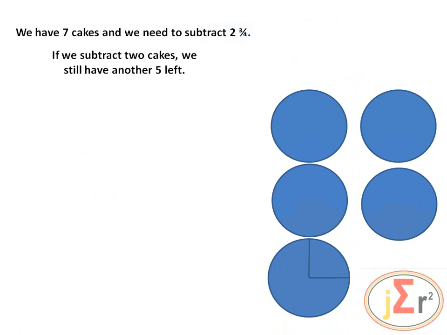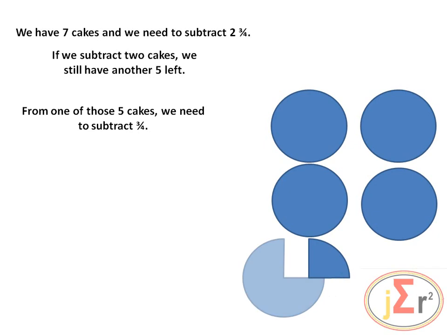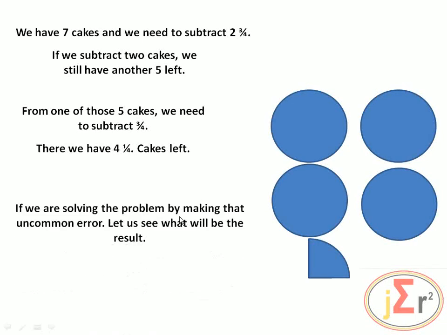From one of those 5 cakes, we need to subtract 3/4. Can we do that? Yes. What do we have left? 1, 2, 3, 4 cakes and 1/4 of a cake left. So there we have 4 and 1/4 cakes left.